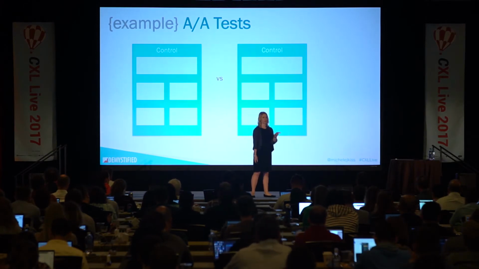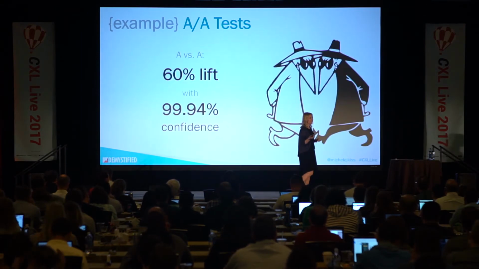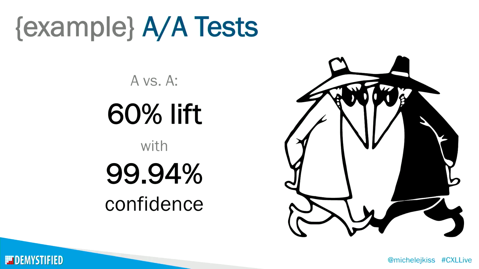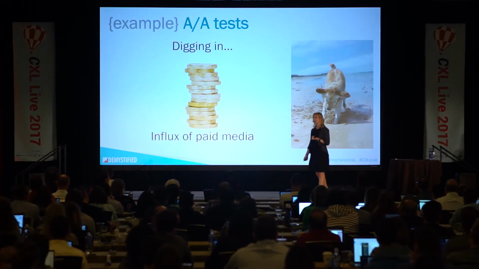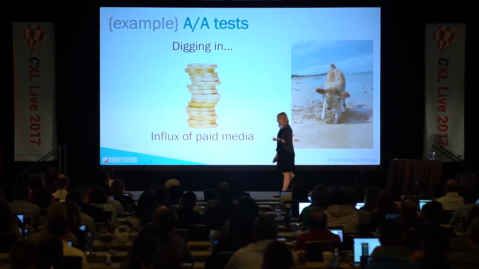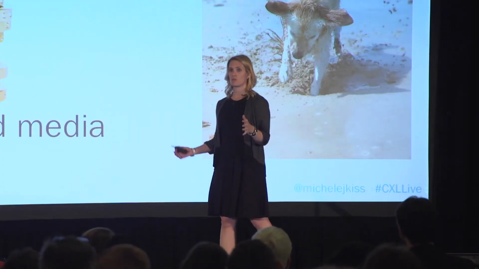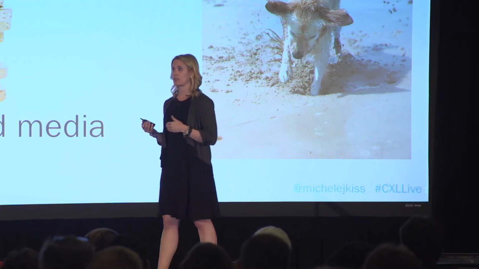So we ran the control, essentially, against the control. And in one place, we actually did find that there is a significant impact. So a 60% lift with confidence. And when we dug into the data, we found that it was actually related to an influx of paid traffic that was not being appropriately distributed. So we were able to use that to isolate our results and also, again, to improve how we were targeting experiments.